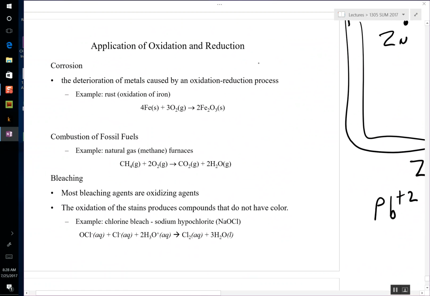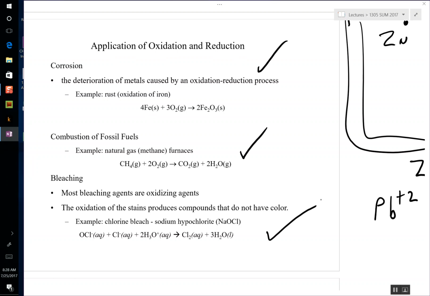So yeah, corrosion is an oxidation reduction process. Burning fossil fuels is a redox reaction. Things are being oxidized and reduced. Bleach. Okay, why is bleach so much more powerful than a detergent? Detergent is just emulsifying the oils in the dirt and getting it off the clothing.